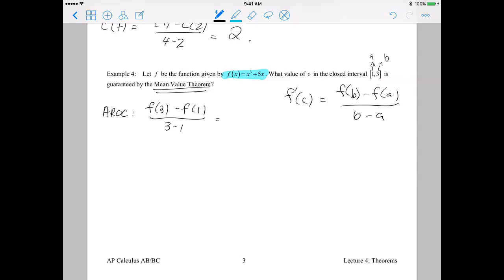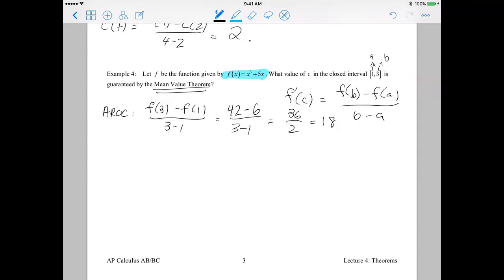Okay, well, if I substitute in 3, I'm going to have 3 cubed, which is 27, plus 5 times 3, which is 15, and 27 plus 15 is 42. Minus f of 1, 1 cubed is 1, plus 5 times 1 is 5, and 1 plus 5 is 6. Divided by 3 minus 1. If I do the arithmetic there, I'm going to get 36 divided by 2, which I know is 18. So that is the average rate of change, 18.